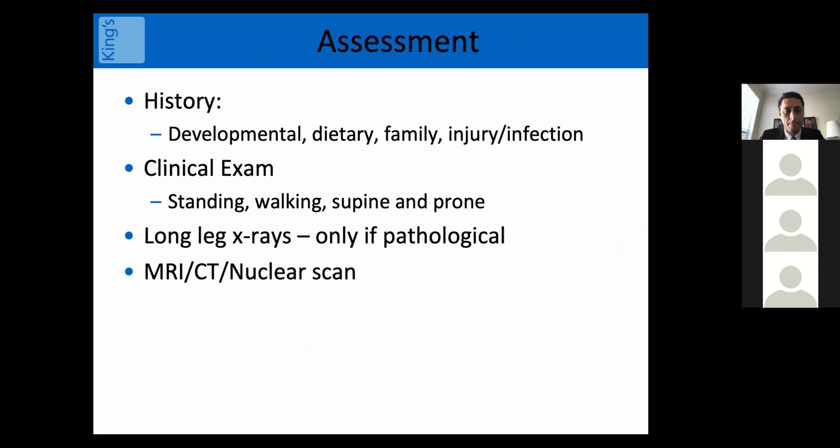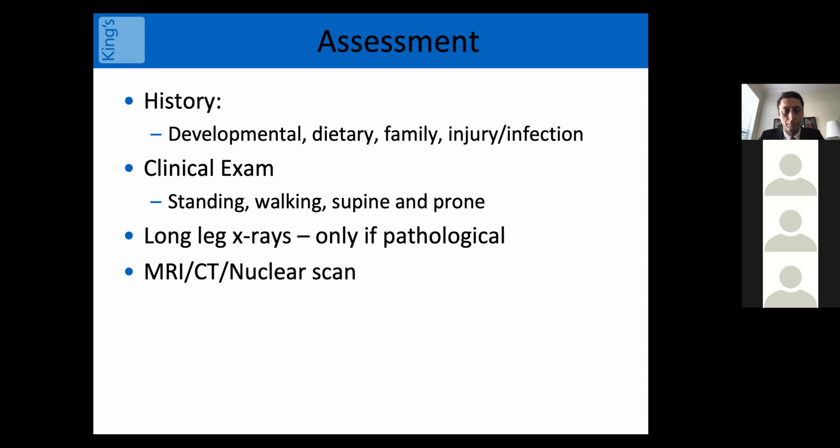Clinical examination should take place in standing, and you should see them walking, and then make them supine on the table and examine them prone too for rotational profile. By this time, one should be able to confidently evaluate a physiological genu varum.